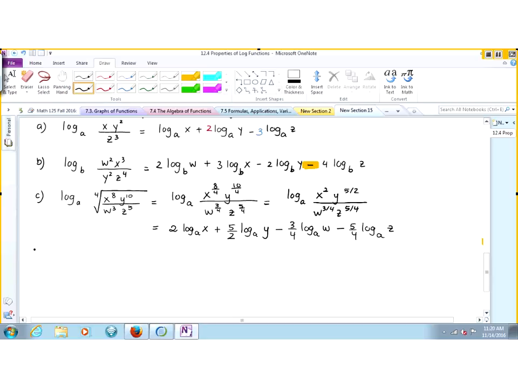So next, let's see. What about if we combine? So express as a single log. So maybe number 2. So A, 7 log base A of x plus 3 log base A of z.